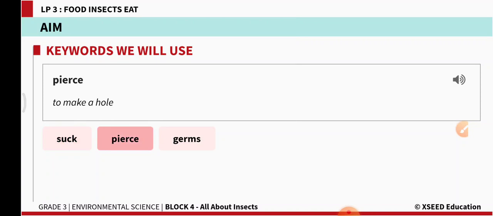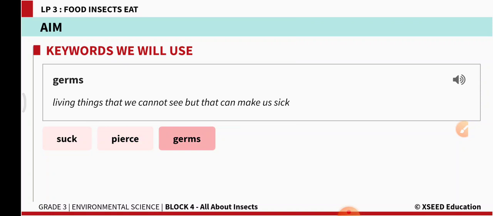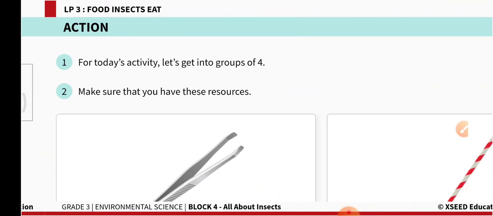Pierce means to make a hole. Germs are living things which we cannot see but they can make us sick.